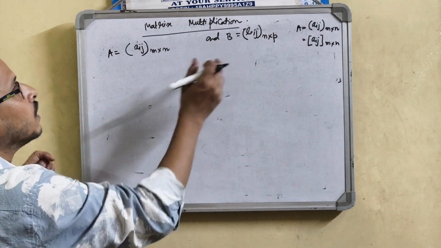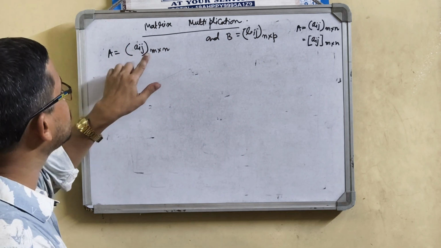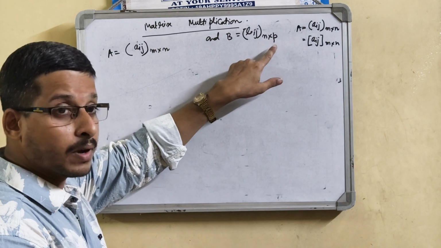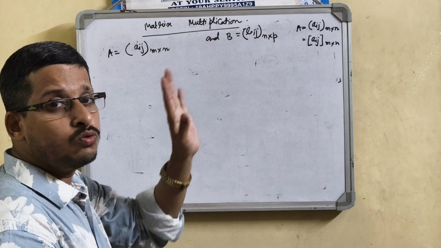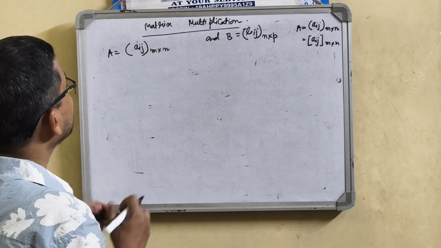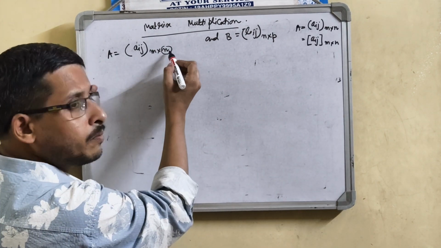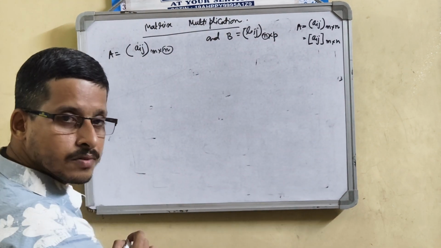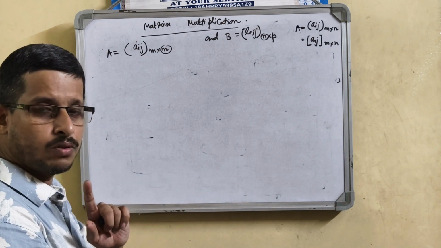Okay. So now for matrix multiplication, A is a matrix Aij of order m by n, and B is a matrix Bij of order n by p. Then the multiplication of matrix A with matrix B will be possible. Why? The rule is that if the number of columns of the first matrix is equal to the number of rows of the second matrix, then matrix multiplication will be possible, otherwise it will not be possible.